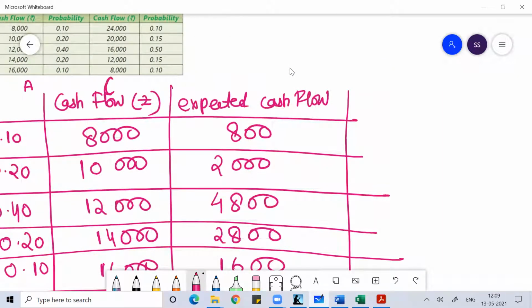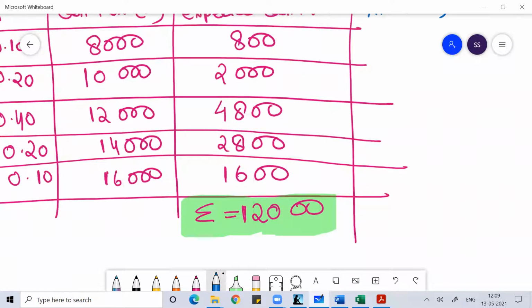Suppose this cash flow I write with the symbol xi. Then I'll find xi minus E(xi), where E(xi) is the symbol I'm using for the expected cash flow.